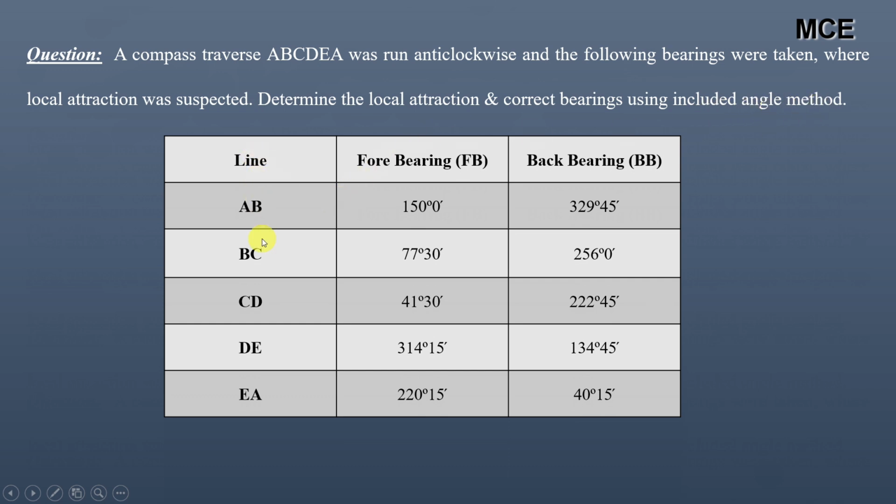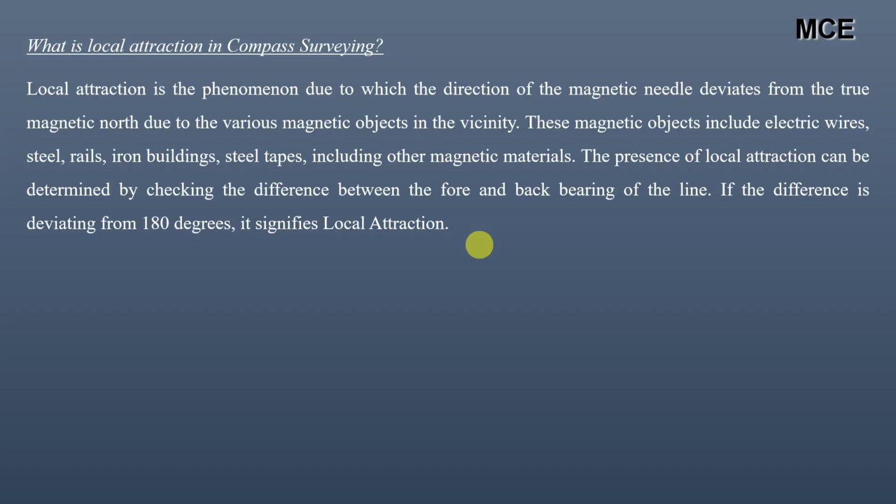You can see the lines of the traverse and their corresponding fore bearings and back bearings are given. We have to find the correct bearings. So first, what is local attraction in compass surveying? Local attraction is a phenomenon in which the direction of the compass magnetic needle deviates from the true magnetic north due to the presence of various magnetic objects in the vicinity.